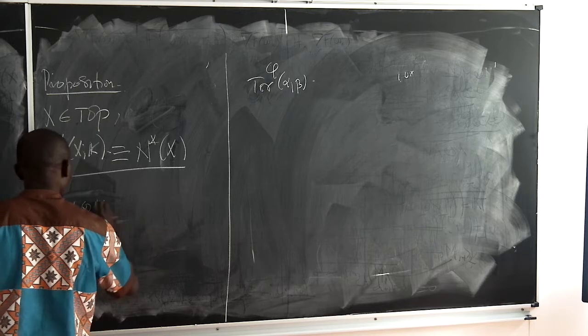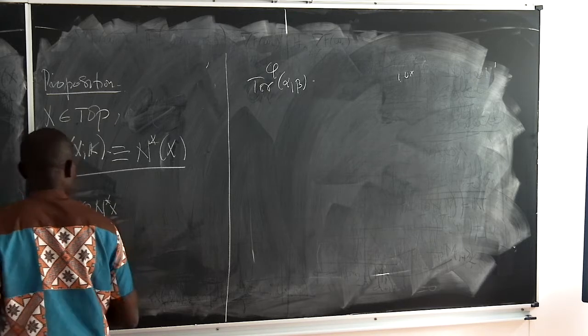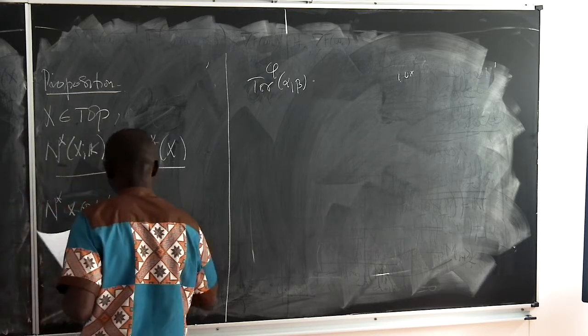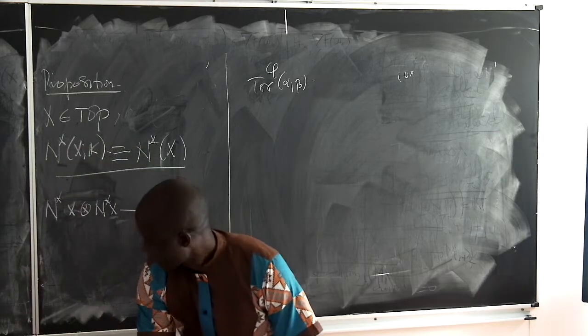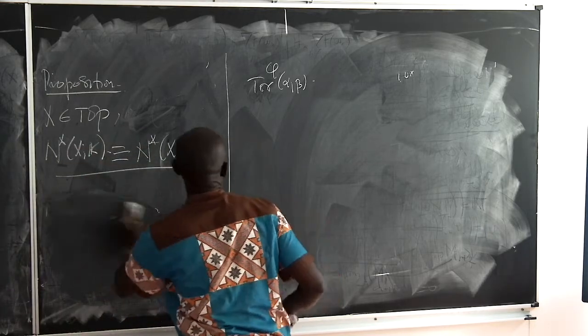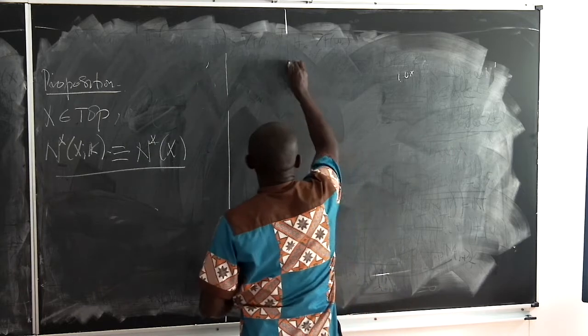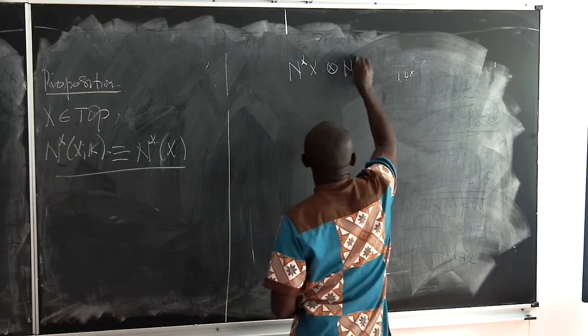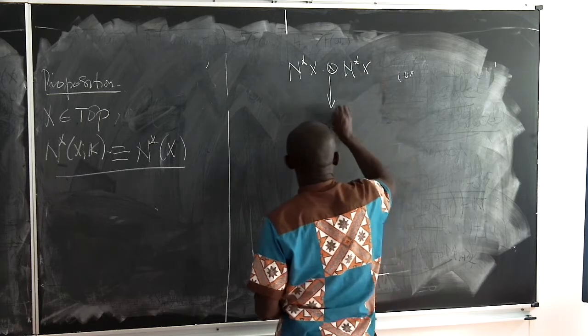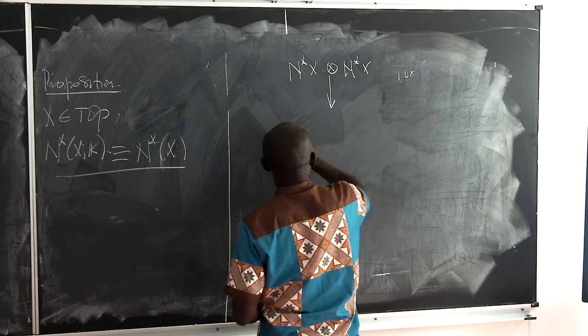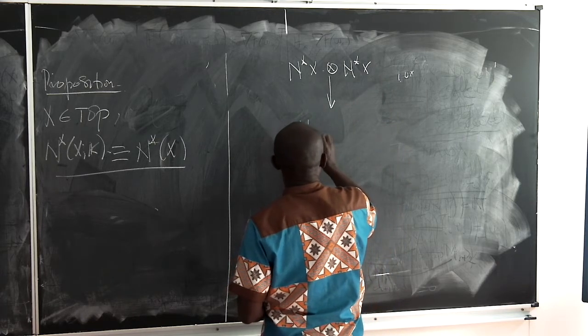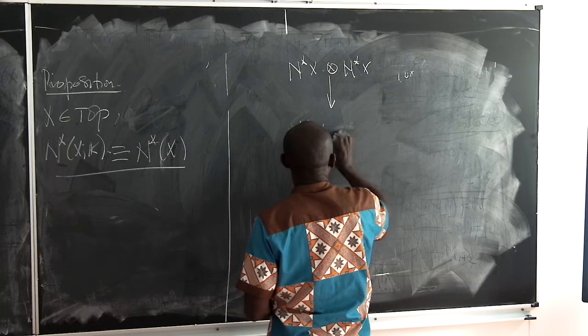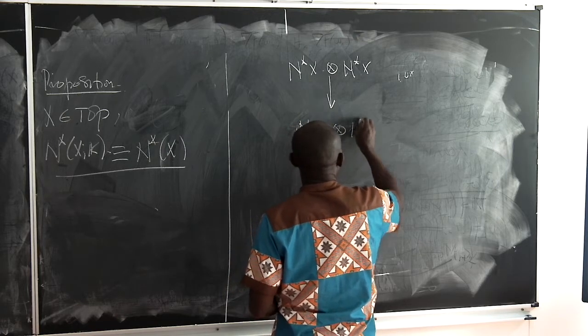composition here. Let me write it vertically. It is better to write it vertically. X tensor NX. And here we have NX tensor NX.